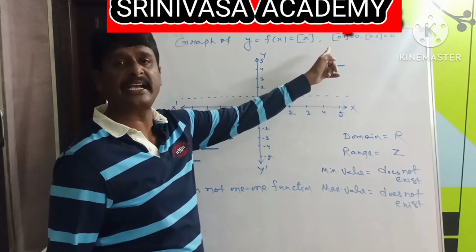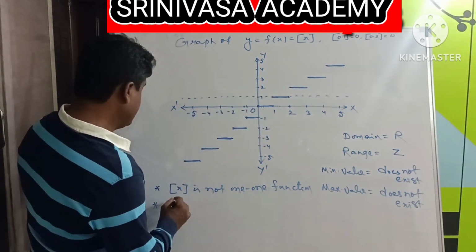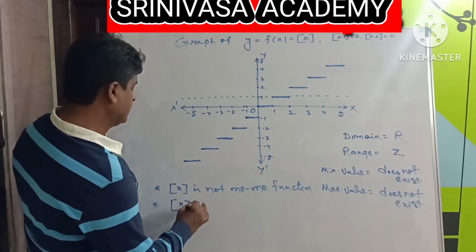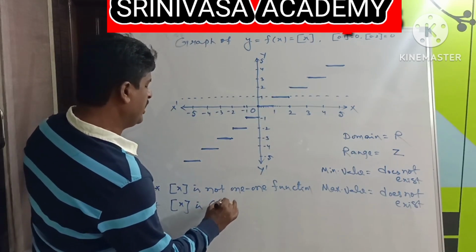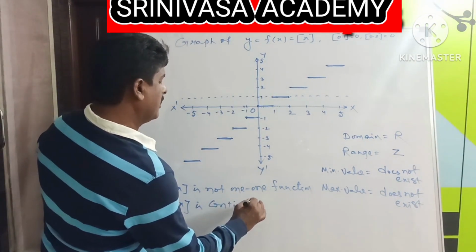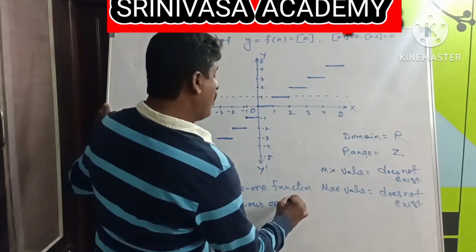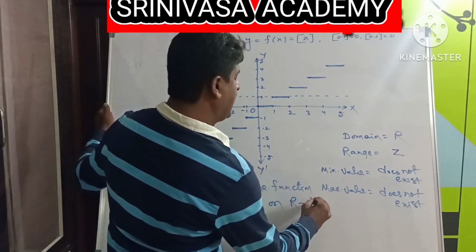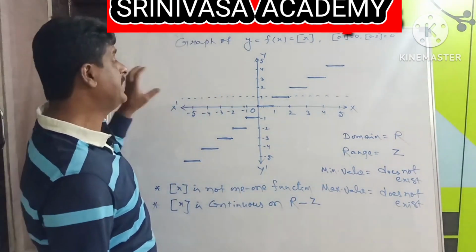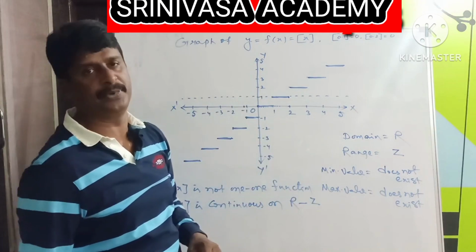Till here it is continuous, again it is jumping. So that's why step x is continuous on all the set of real numbers except integers. At integer points it takes a jump.